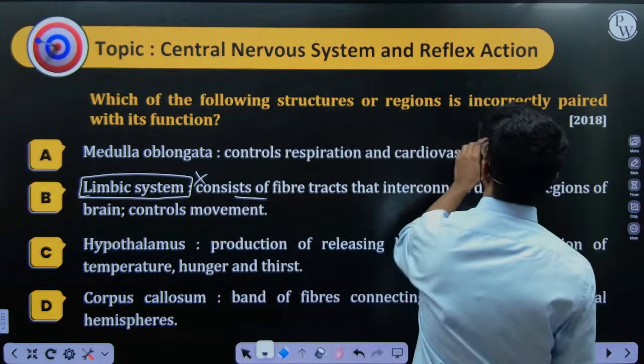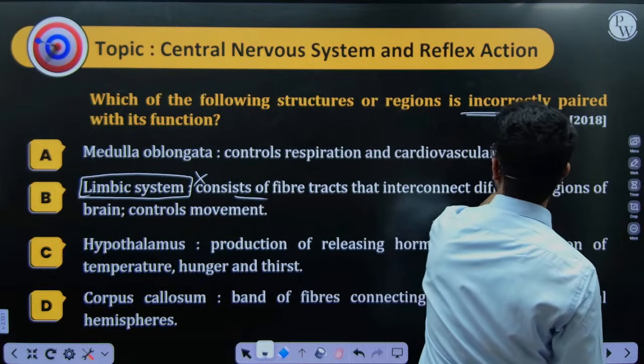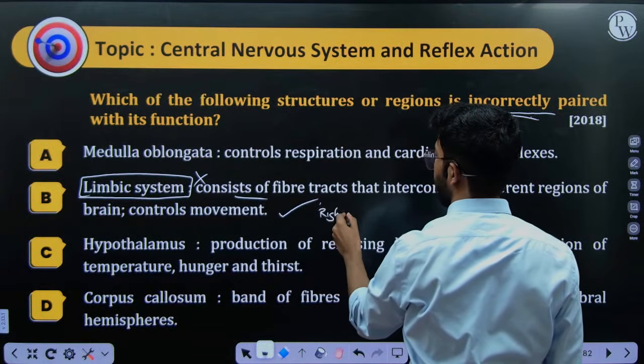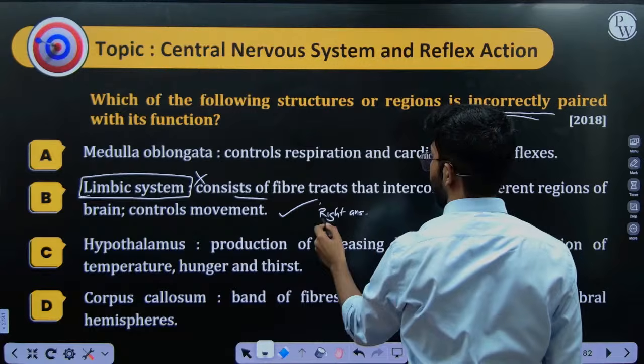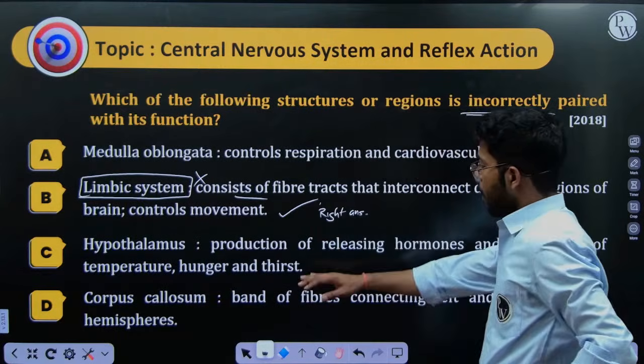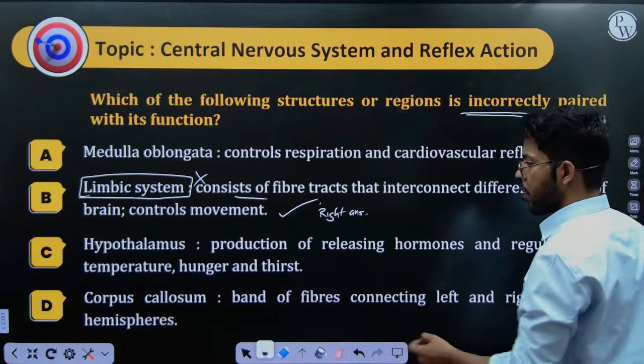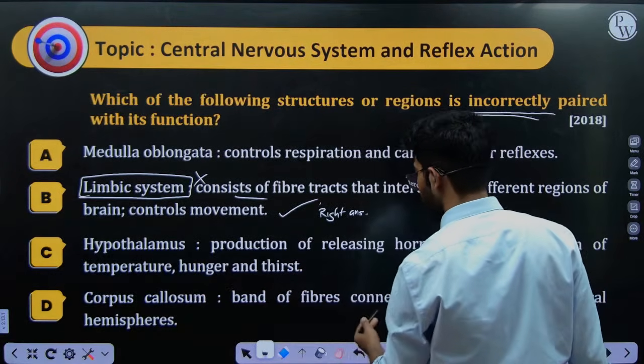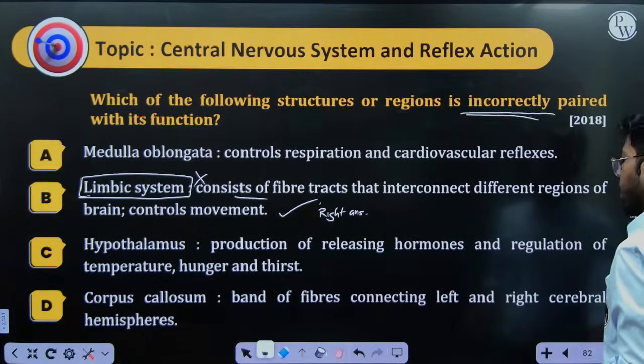So the question is asking about the incorrectly paired, so this is our right answer. Production and release, this is also right. This is also correct. This is also correct.